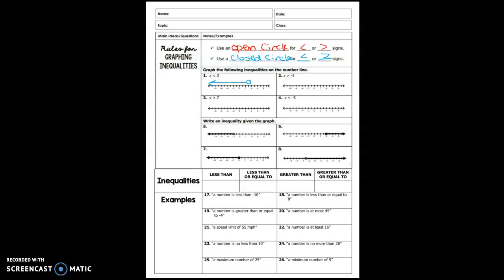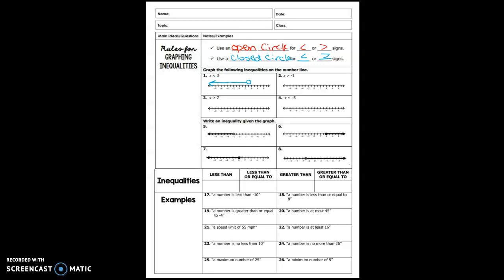A possible value for x could be -4, 0, -8, -7, anything that is less than 3. We can't have x equal to 3 as a possible value, because we want everything around 3 but less than. We don't actually want that value.